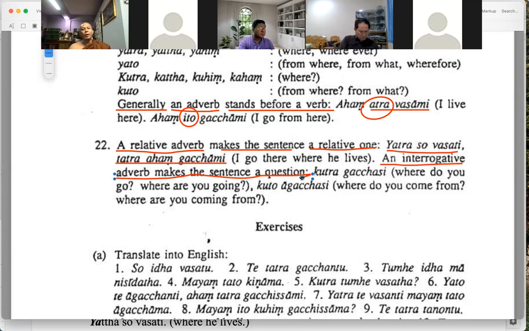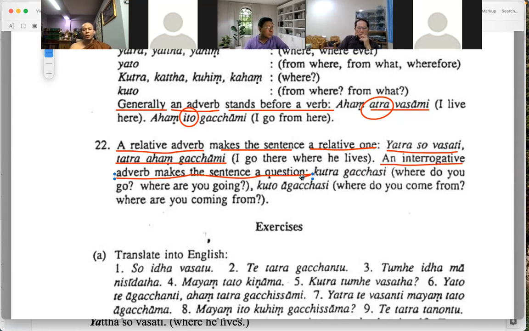But if we use temporal adverbs, when do you wake up, when do you go? In this way. So based on that adverb, we can ask a question about place or time. Okay. So usage of the relative pronoun is a little bit complicated, but very simple. It just modifies the demonstrative adverb in the previous line.